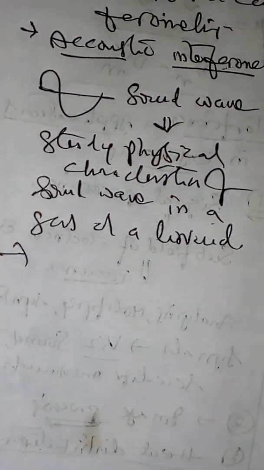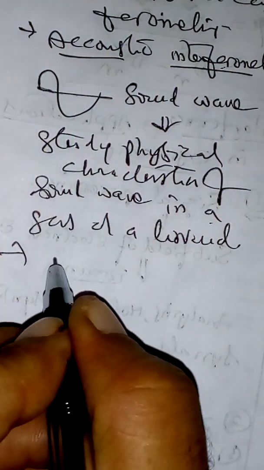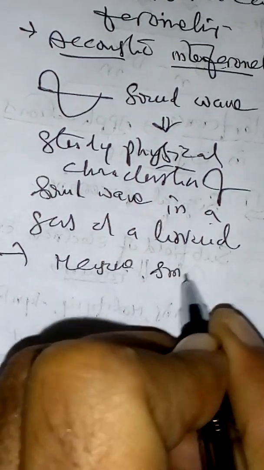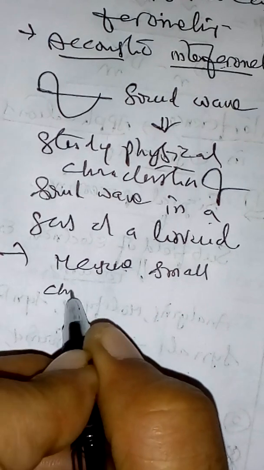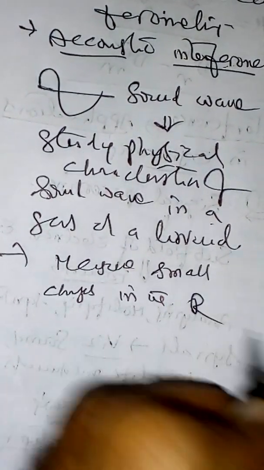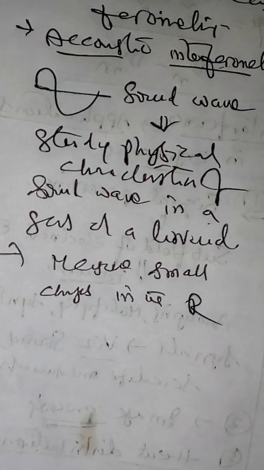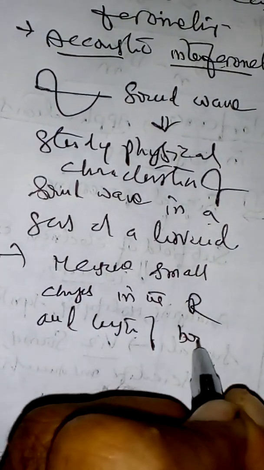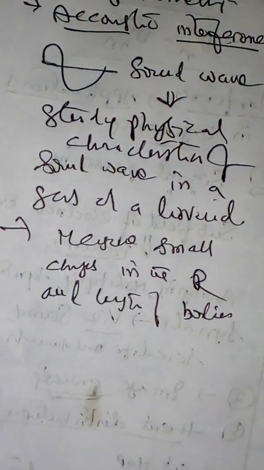Another application of interference, you can measure small changes in radius of curvature and length of bodies with the help of interference.